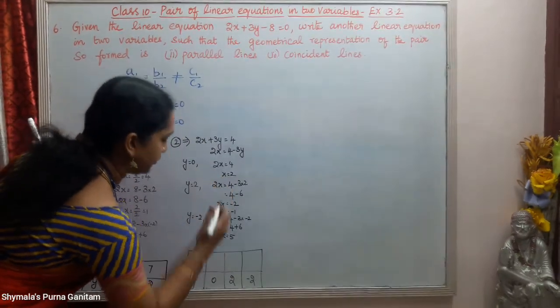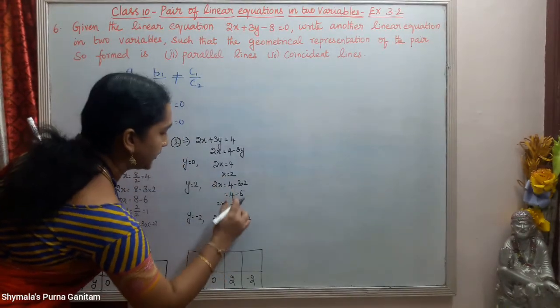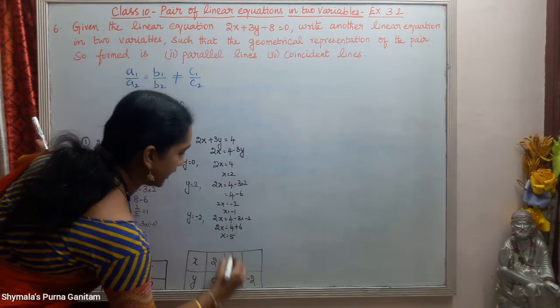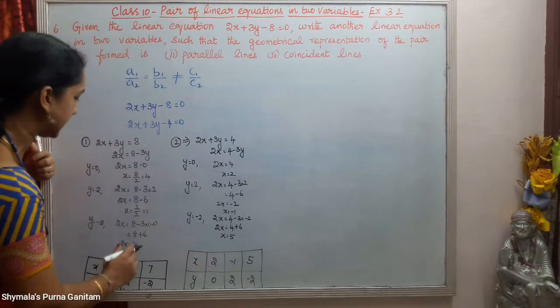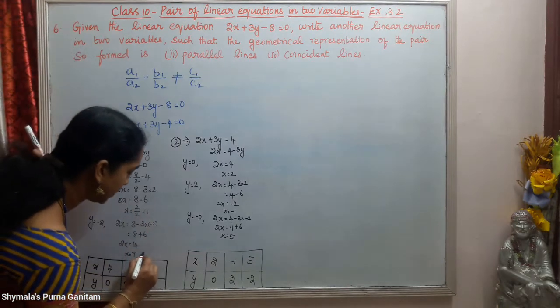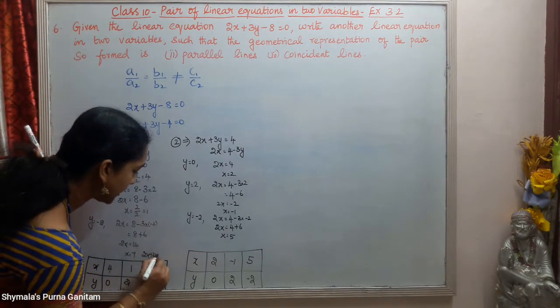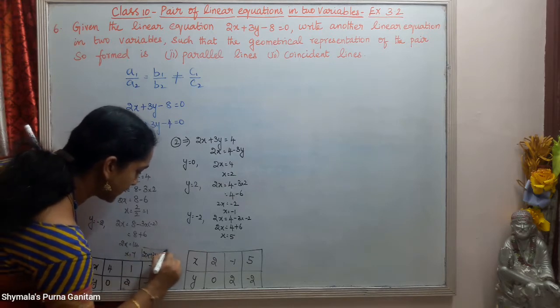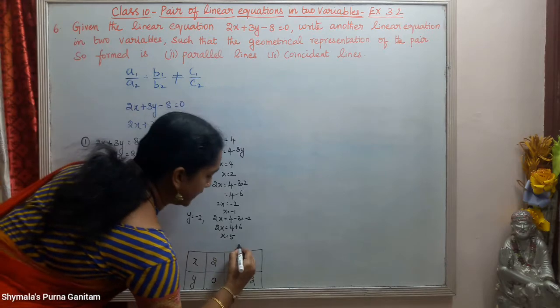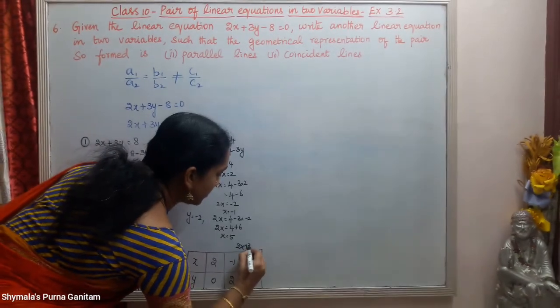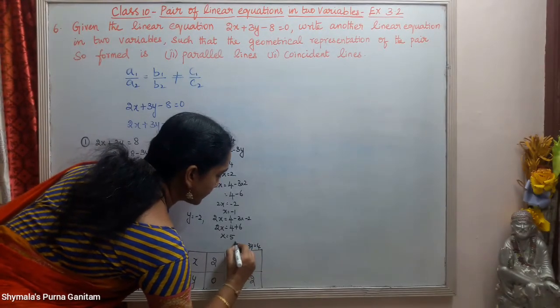I will get the value for x as 2, minus 1 and 5. So this is the tabular column for the equation 2x plus 3y is equal to 8, and this is the tabular column for the equation 2x plus 3y is equal to 4.